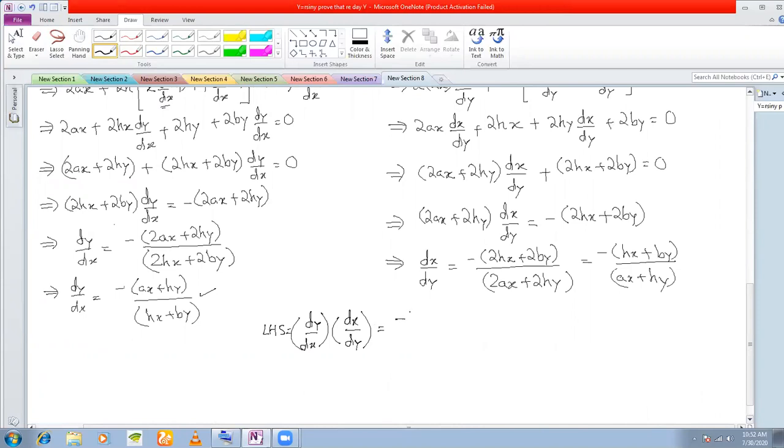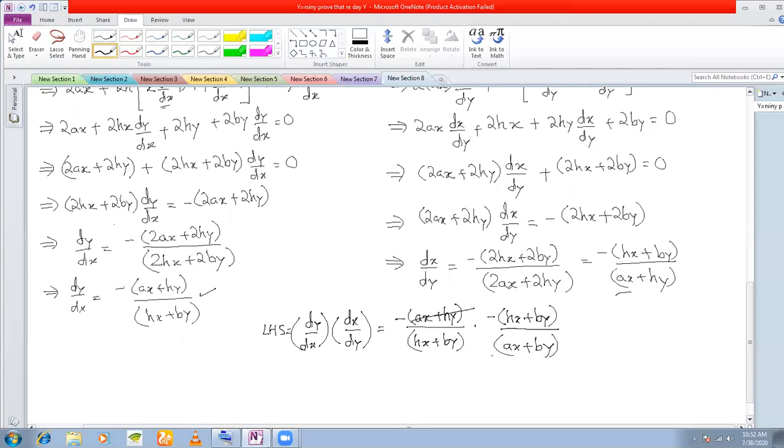So substitute the value, minus (ax plus hy) divided by (hx plus by), into what is dx/dy? This, so this is minus (hx plus by) divided by (ax plus hy).